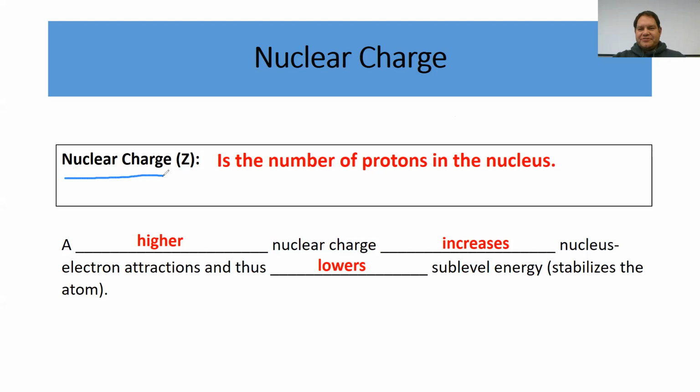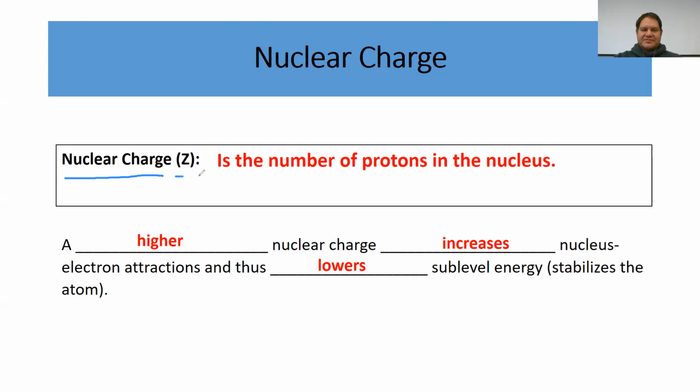So if I have a nuclear charge of 1, that means I have 1 proton, versus a nuclear charge of 2, which is 2 protons. But which one has a more attractive nature between the nucleus and the valence electrons? Well, it'd be a nuclear charge of +2. So really, nuclear charge goes beyond just the number of protons. It's also related to how attractive the nucleus is to the valence electrons in that valence shell. Okay, so keep that in mind.